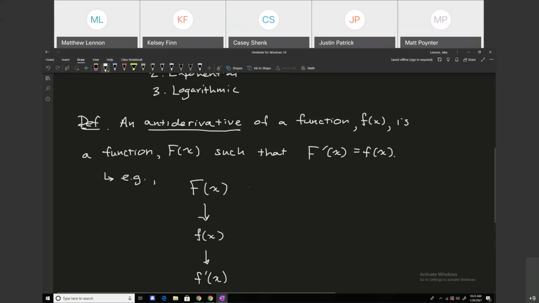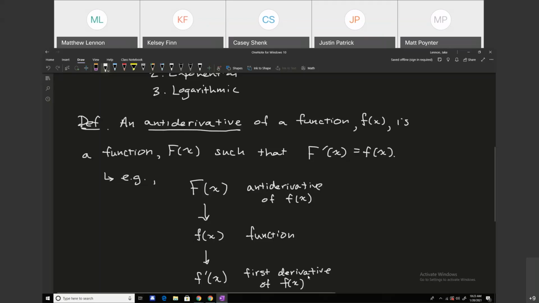So this is the antiderivative of f of x, and down here, this would be the first derivative of f of x. Hopefully that'll keep things straight for you.